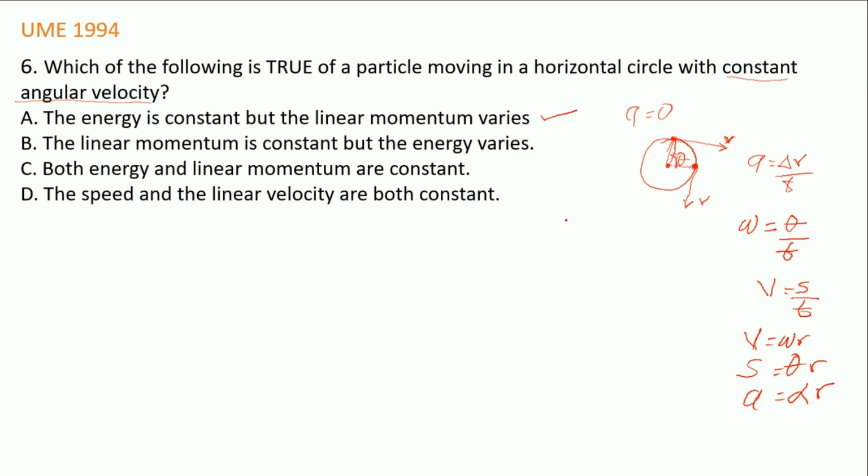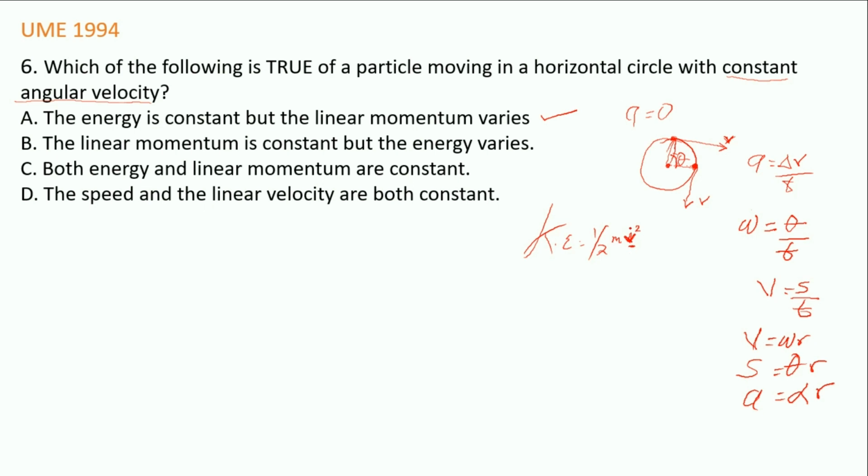Nope, because think about it, energy. Since the body is moving in a circular path, the body is moving; that's the first thing we've got to know. Now, we know that kinetic energy is equal to 1/2 mv². This v, in spite of the fact that we usually use the symbol v here, actually denotes speed, not velocity.